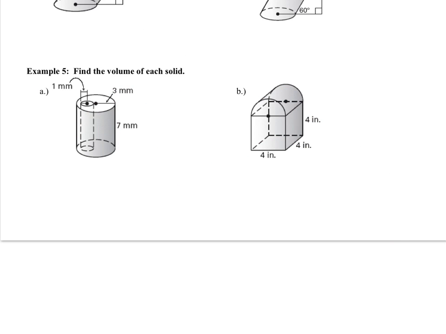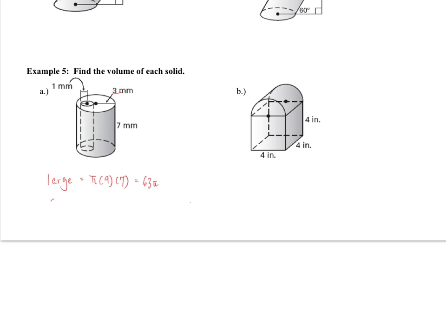Example 5, find the volume of each solid. So for part A, we need to find the volume of the big cylinder, and then the volume of the smaller cylinder, and then subtract the volume of the smaller cylinder. The large cylinder is pi times the radius 3 squared, which is 9, times height 7, so that's 63 pi.